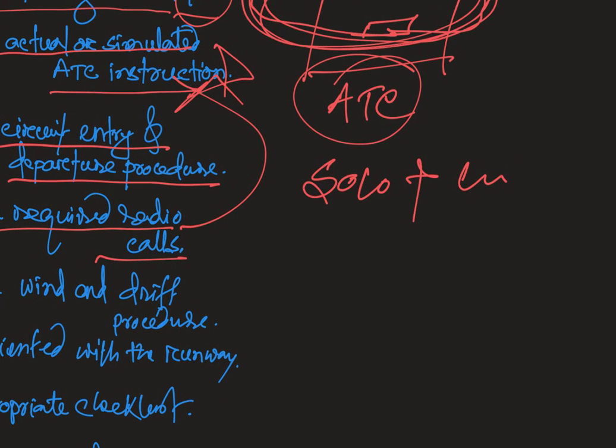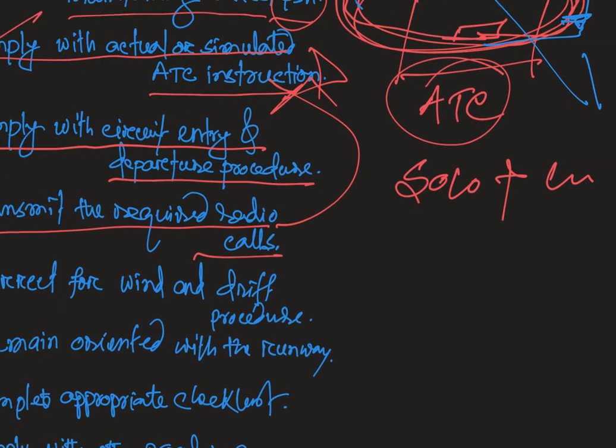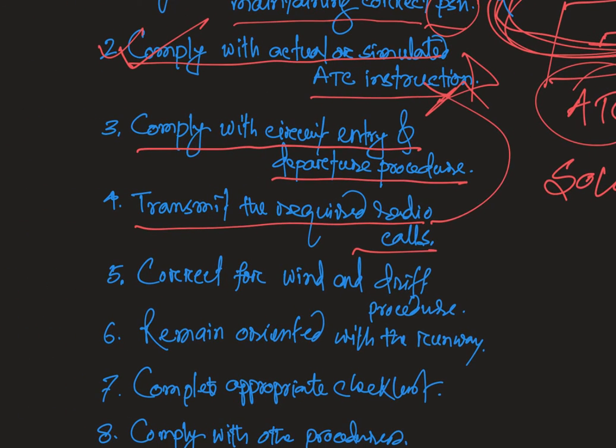Or there are certain call patterns. Let's say you first call after the takeoff path or on the downwind leg, before the base turn. There are 3-4 calls that are taught by your flying instructor or in your flying school. So you have to transmit those radio calls.